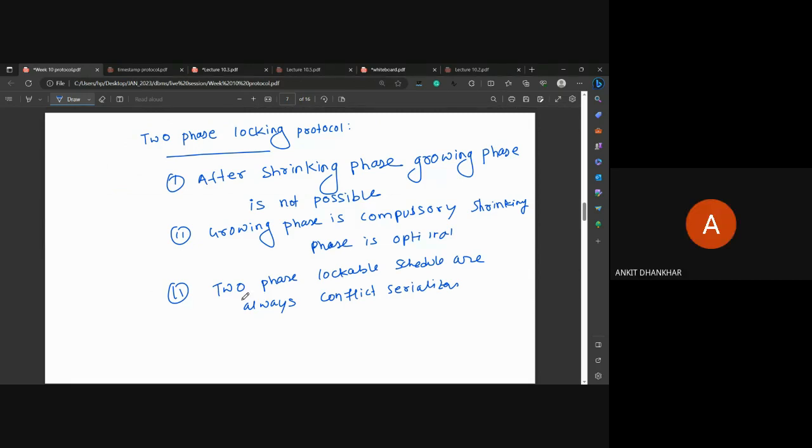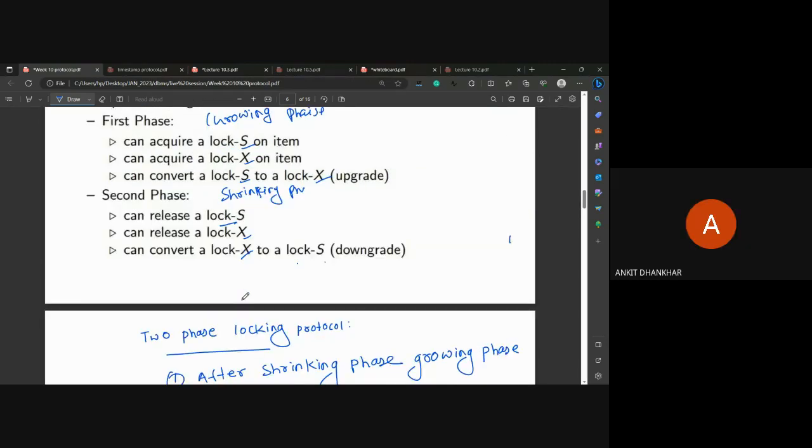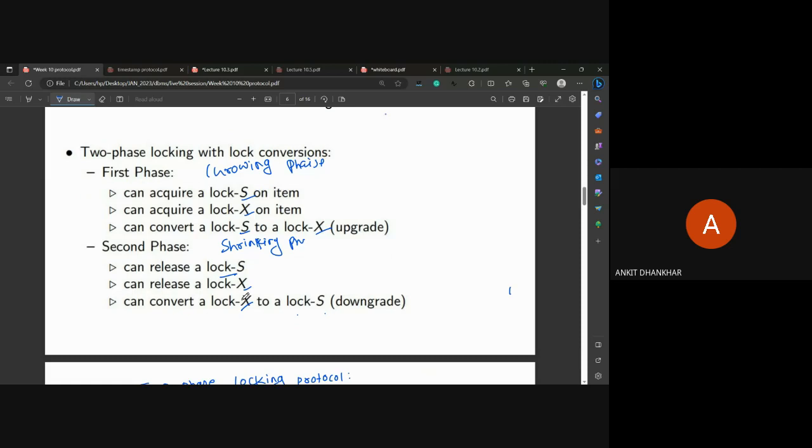One thing I just thought about, regarding the definition you presented in the last slide. It said that when we acquire a shared lock and then acquire the exclusive lock, it seems like we are already upgrading the lock.